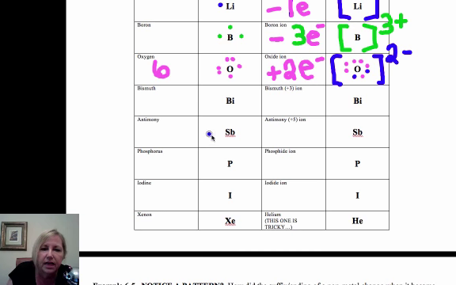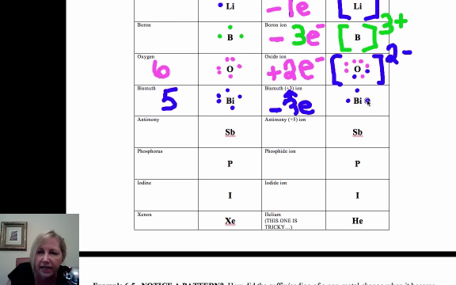And now let's look at bismuth. Bismuth has 5 valence electrons. 1, 2, 3, 4, 5. Now, this particularly says the bismuth plus 3. To become less negative, I'm going to lose electrons. So I'm going to lose 3 of those dots.